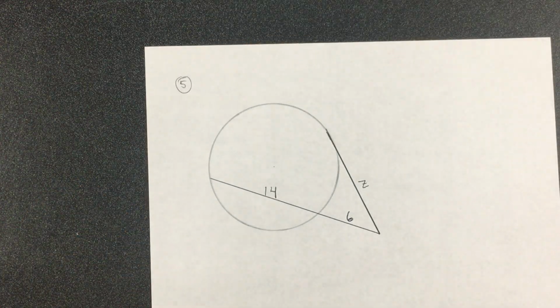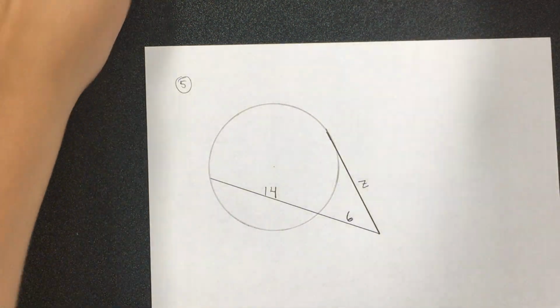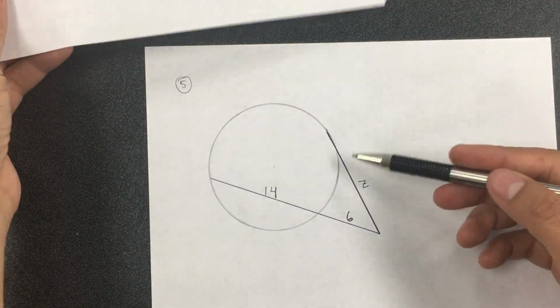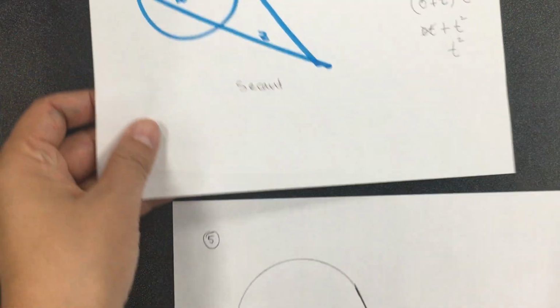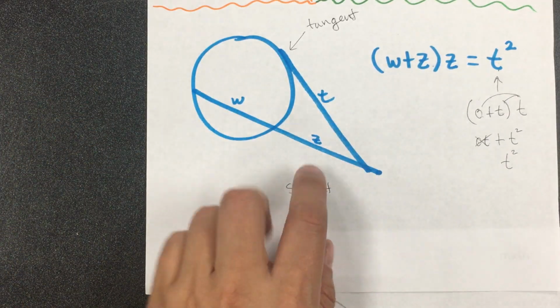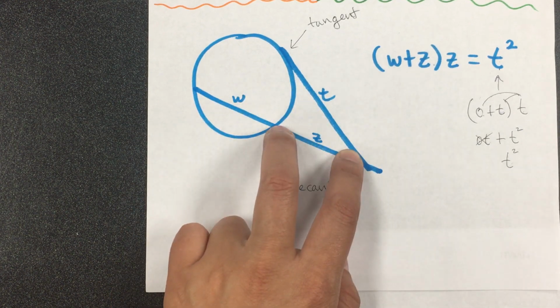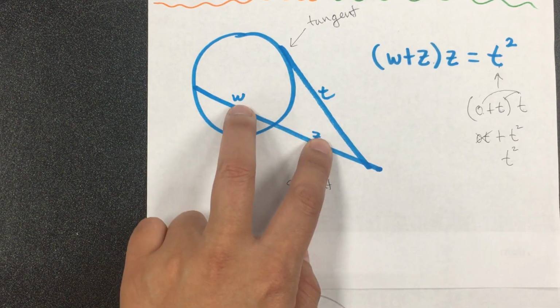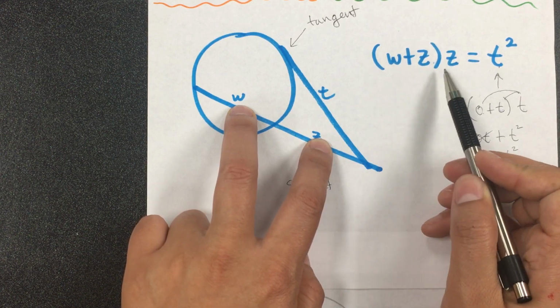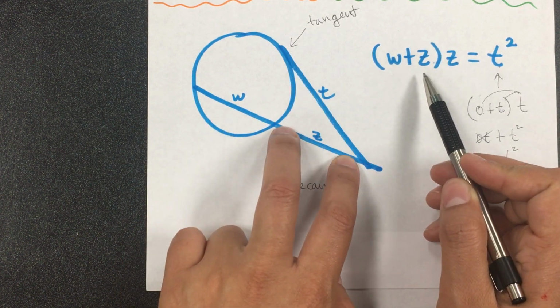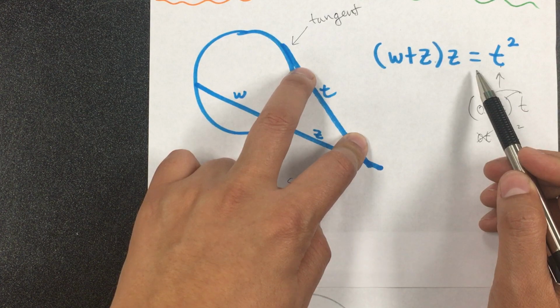Now let's look at the secant tangent example. Again, if you recall, since it's a tangent and a secant, we're going to be using this last one where you add the two pieces times the piece outside. Add them first, times this piece outside equals the tangent square.